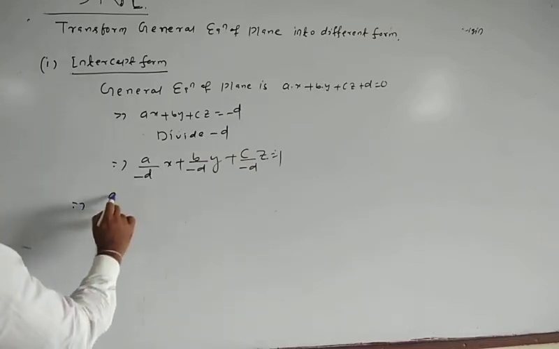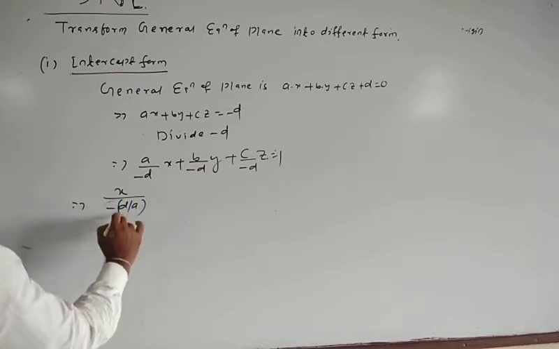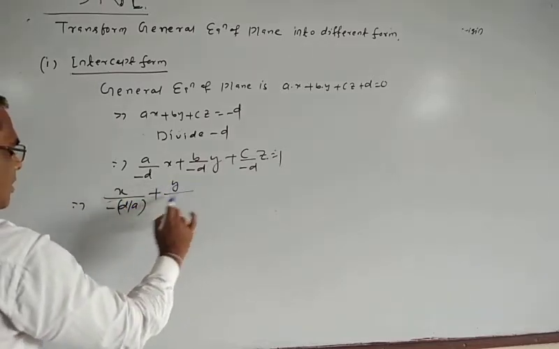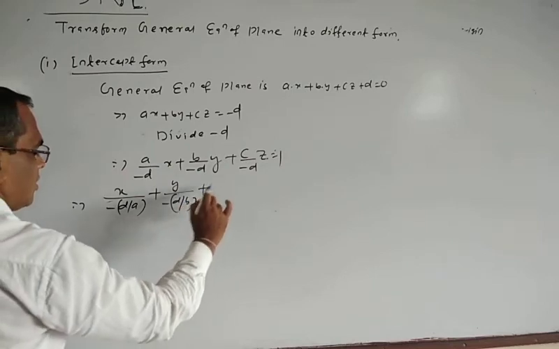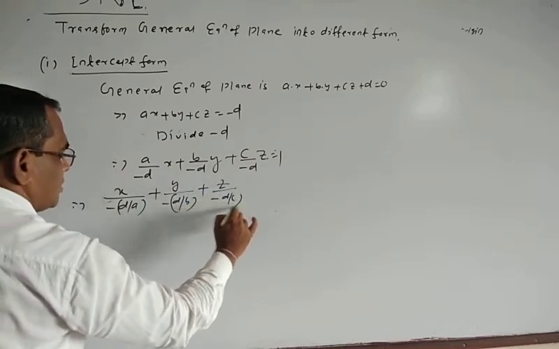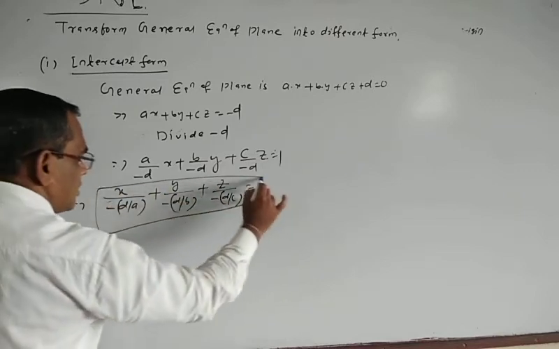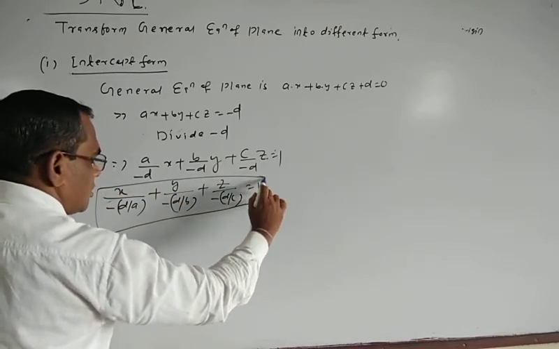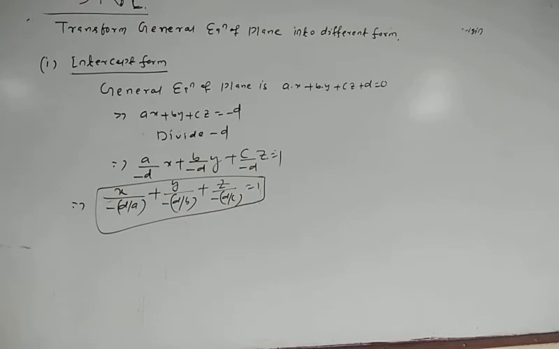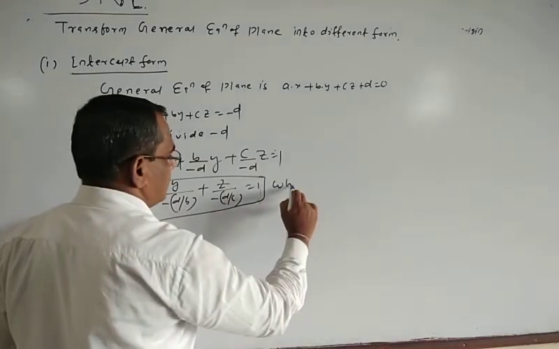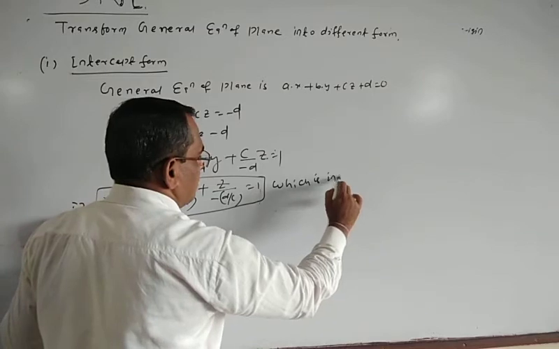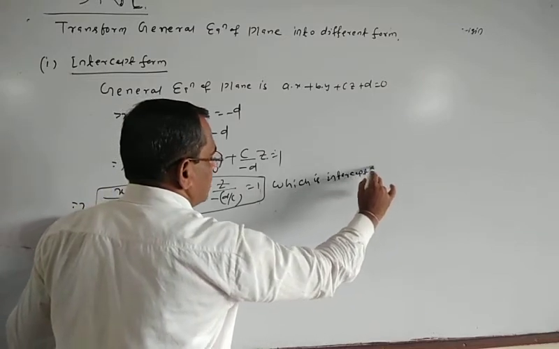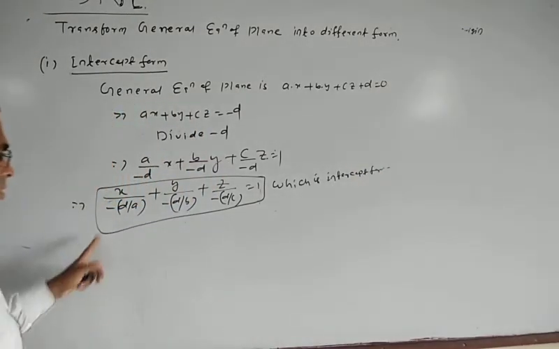That implies x by minus d by a plus y by minus d by b plus z by minus d by c is equal to 1. This is the intercept form of the plane, where x-intercept is minus d by a, y-intercept is minus d by b, and z-intercept is minus d by c.